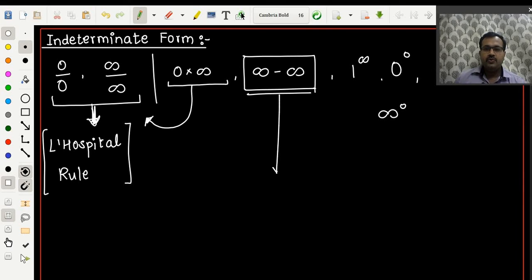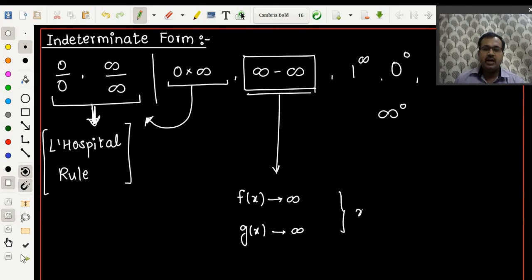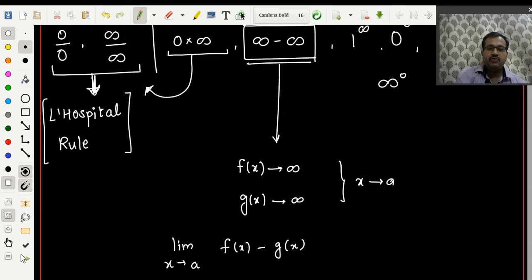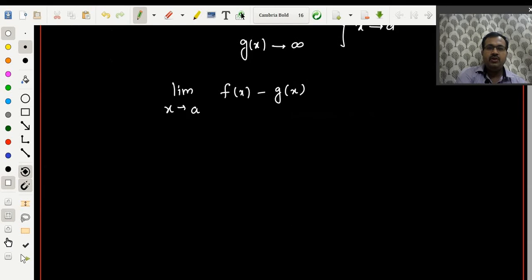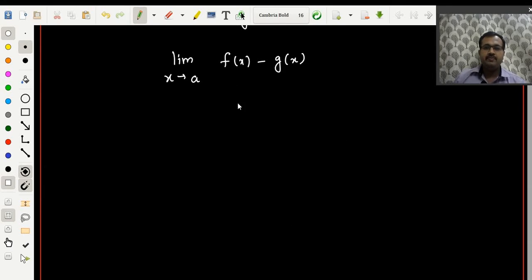So for solving the infinity minus infinity indeterminate form, we consider one function f of x which tends to infinity as well as g of x tends to infinity as x tends to a, and the given function is of the form limit x tends to a of f of x minus g of x. So for solving this we use an adjustment.